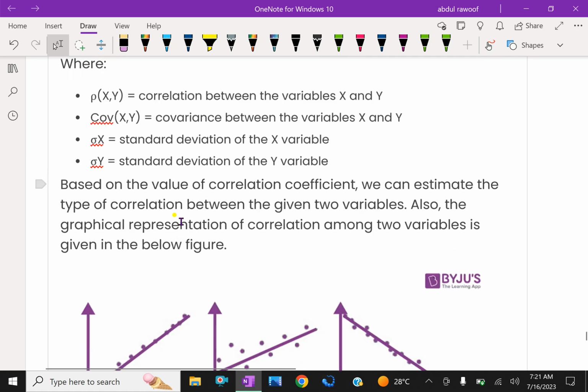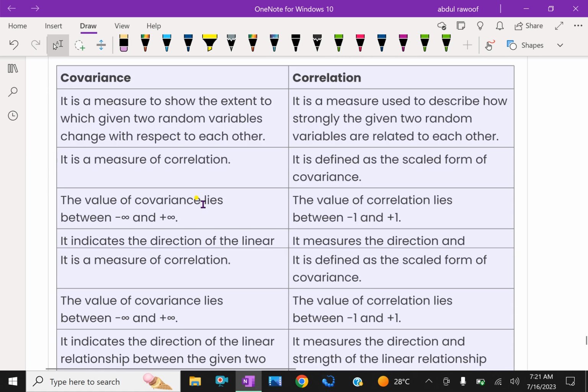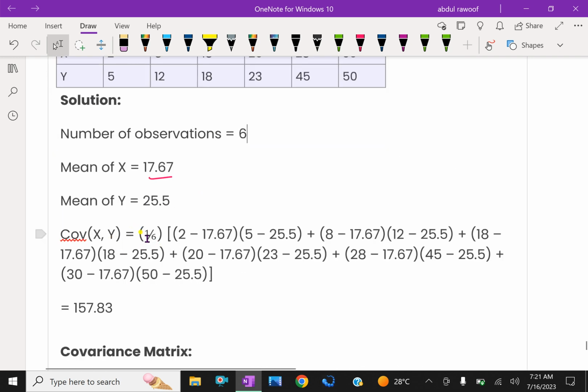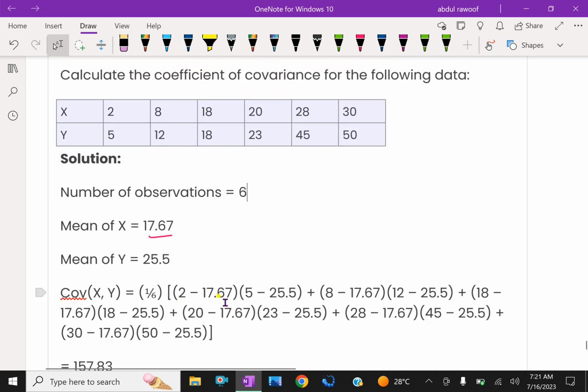For that, look here. 1 over n, that is 1 over 6, into (2 minus x bar)(5 minus y bar), plus (x2 minus x bar)(y2 minus y bar), and (x3 minus x bar)(y3 minus y bar).